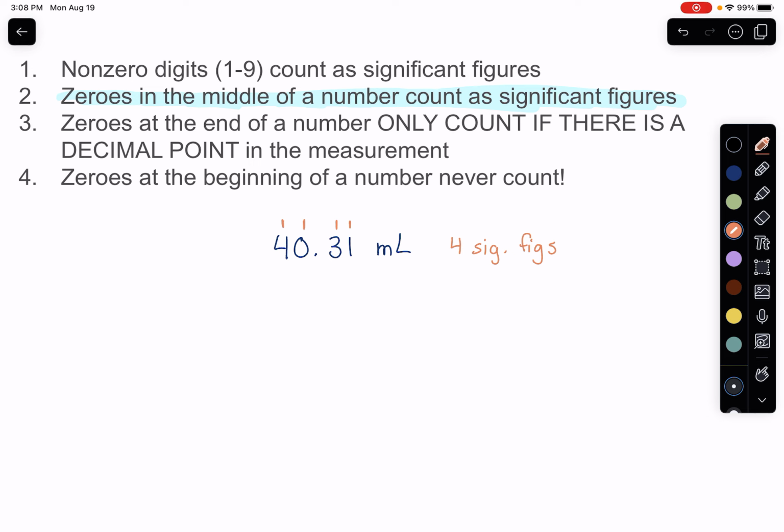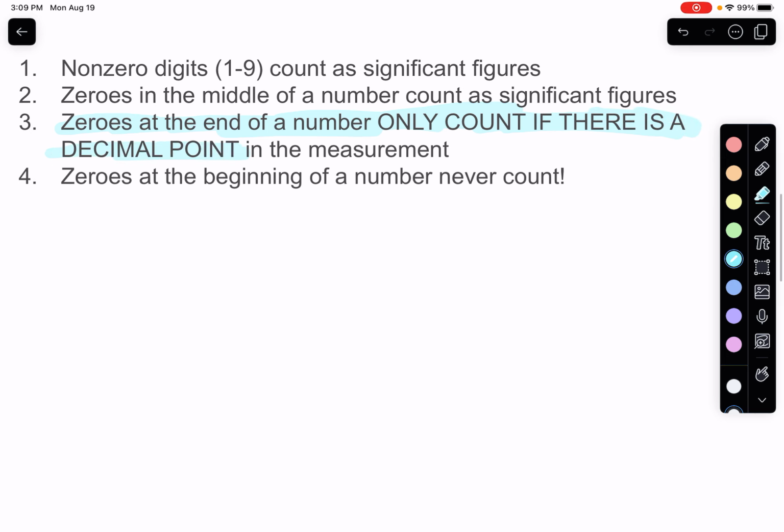All right, so next, zeros at the end of a number. Zeros at the end of a number only count if there is a decimal point in the measurement. And it doesn't matter where that decimal point is. It can come before the ending 0 or after the ending 0, but it does make it so that you can only count the zeros at the end if there is one.